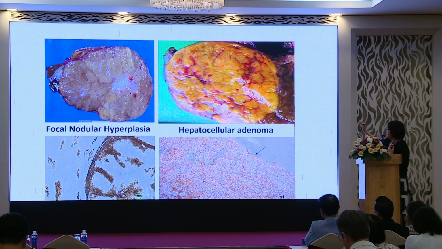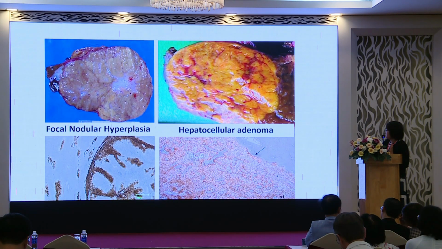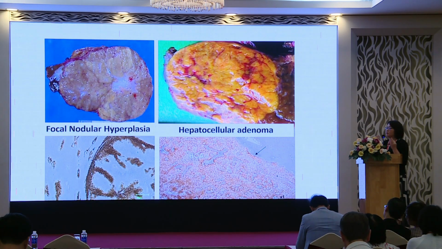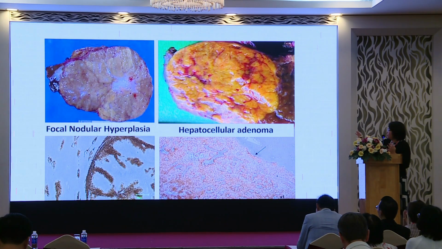In contrast, hepatocellular adenoma presents a single mass without fibrous capsule, and usually glutamine synthetase shows a diffuse expression, as you can see here. And FNH is a 100% benign lesion, and hepatocellular adenoma has a potential to become malignant. So it's important to distinguish these tumors from hepatocellular carcinoma.